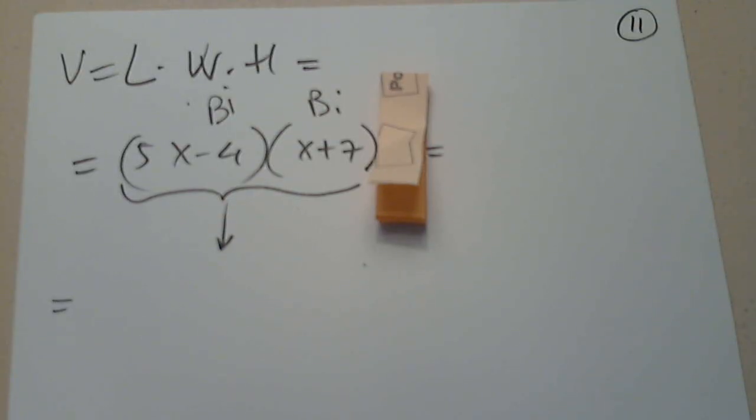So distribute using FOIL and do not touch the monomial yet. To make it easier, you should always distribute the monomial last.